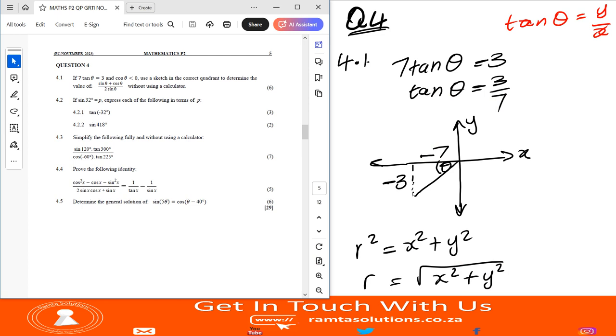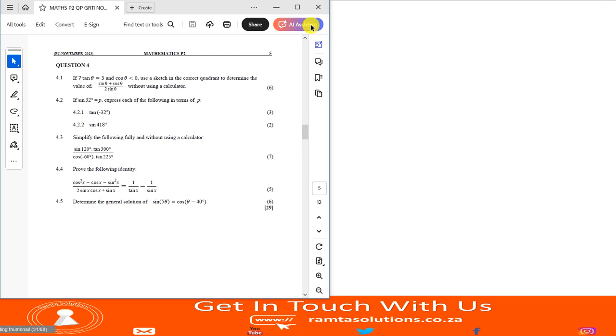Going to the next page. This therefore means r is, what was the value of x? The value of x was minus 7. The value of y is minus 3.